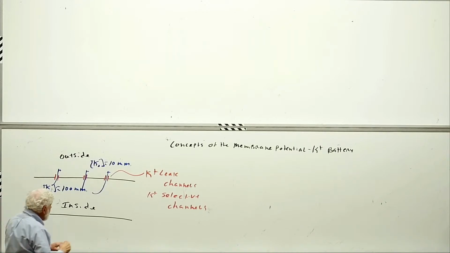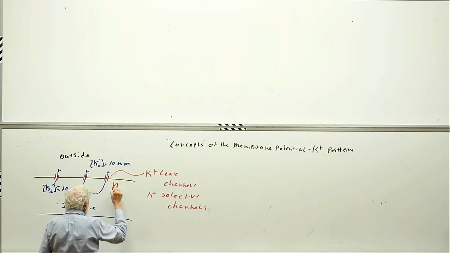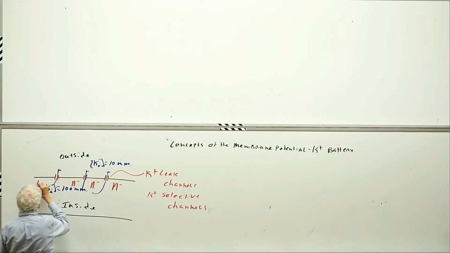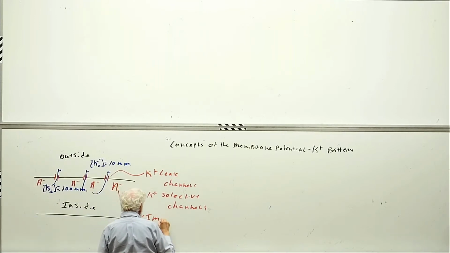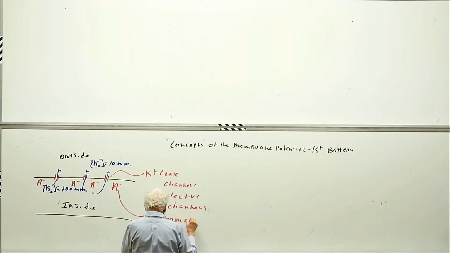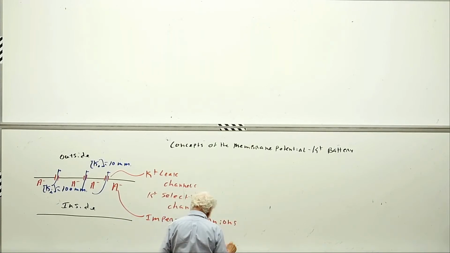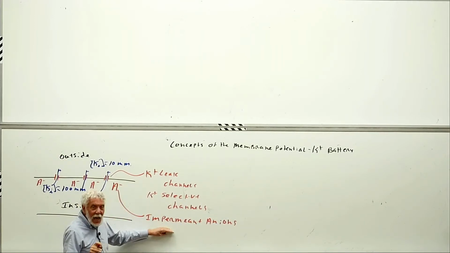What we're going to do is, on the inside of the membrane, put a series of what I'm going to call A negatives. And we'll label these as impermeant anions. These can be proteins, they can be organic acids, they can be any number of things.